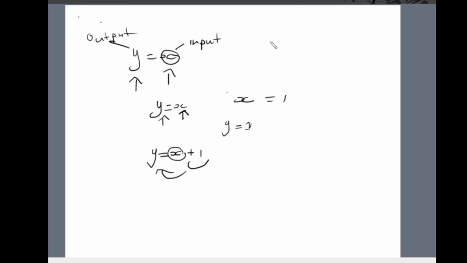So the input is the independent variable and the output is the dependent variable, because it depends on the value of the input, right?